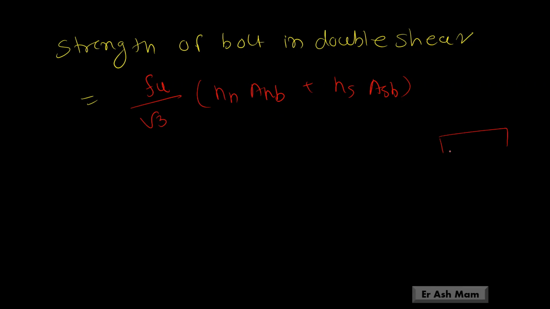In a bolt, the part near the head is called the shank, and this one is the threaded part or net area.